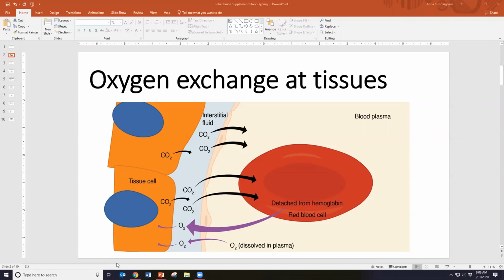We haven't talked about oxygen and carbon dioxide and their role in the body yet. We will get there, but I'm sure all of you are aware that oxygen is extremely important in the body. The reason is that it is used to create ATP.